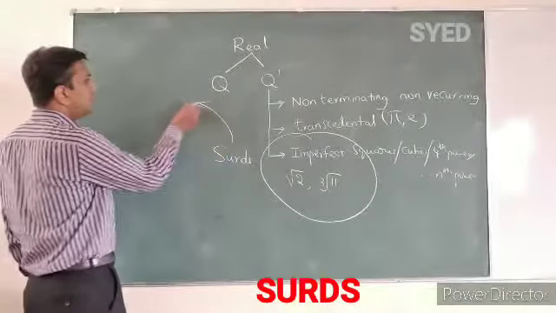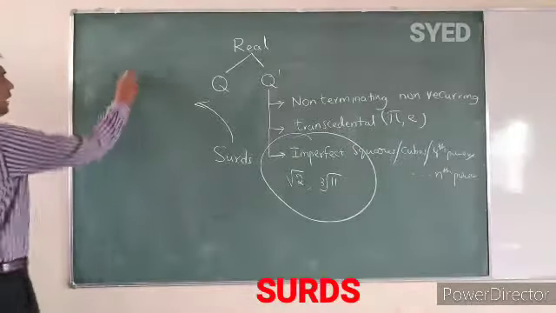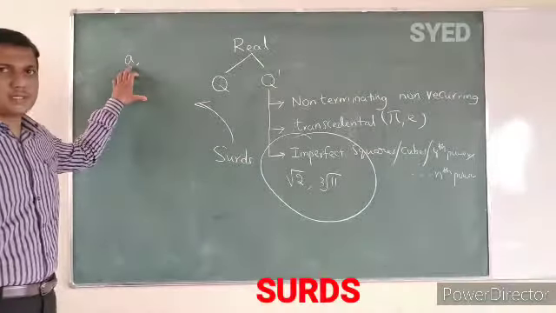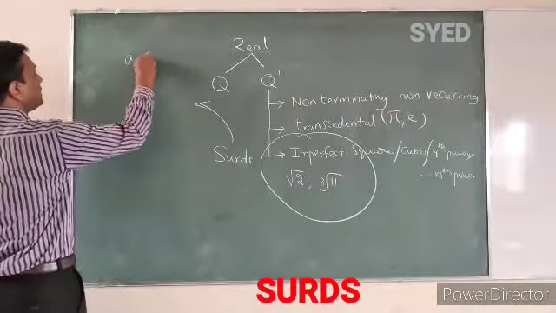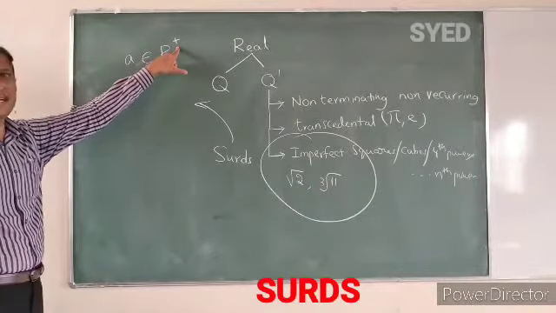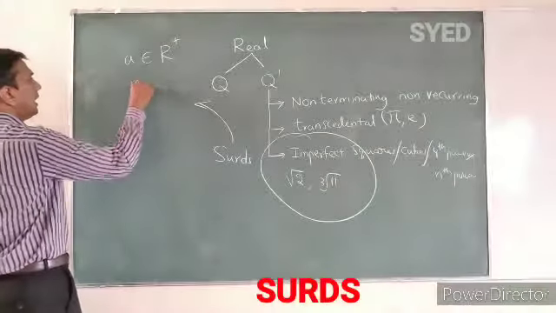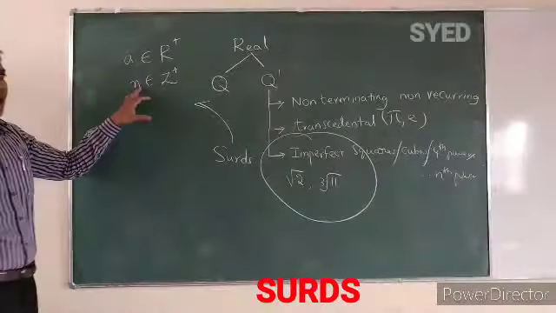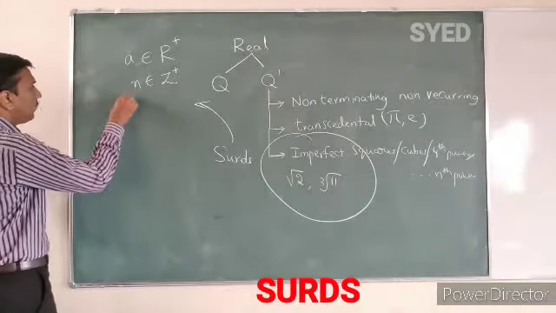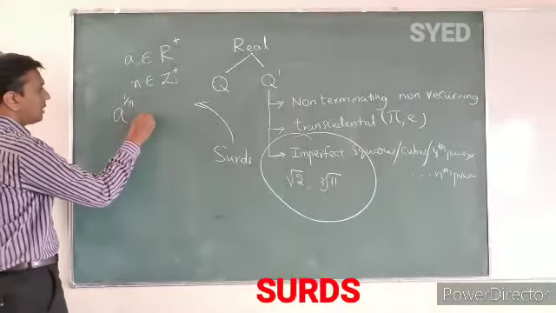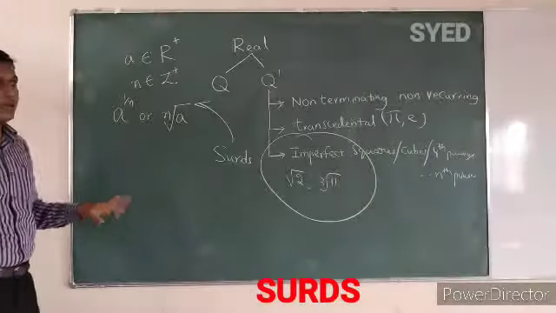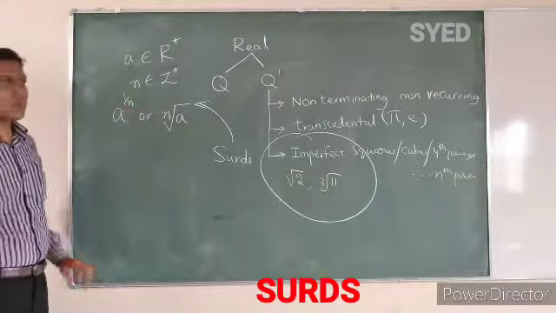So, what is the definition of a surd? If a is a positive real number, where R stands for real number and plus indicates positive, and n is a positive integer, then a to the power of 1 by n, or nth root a, is called a surd.